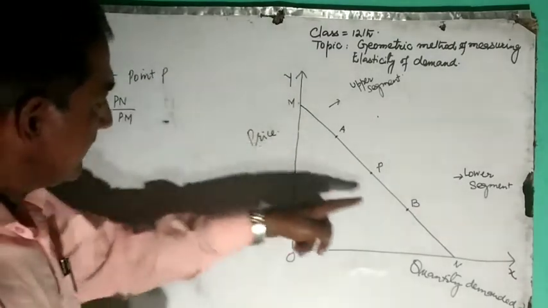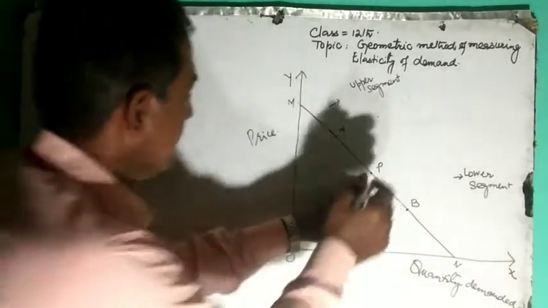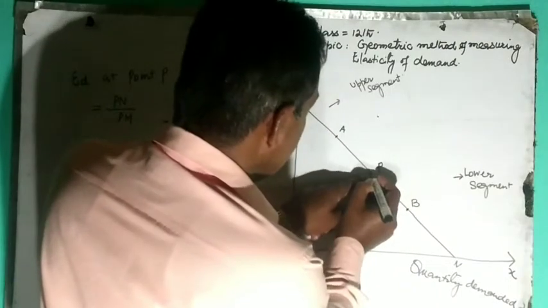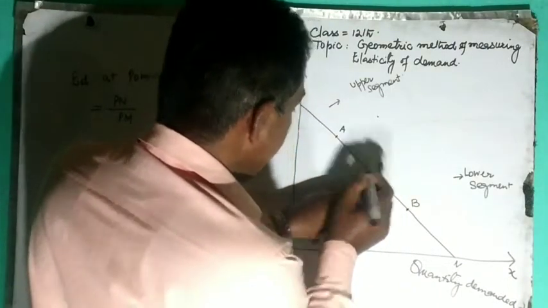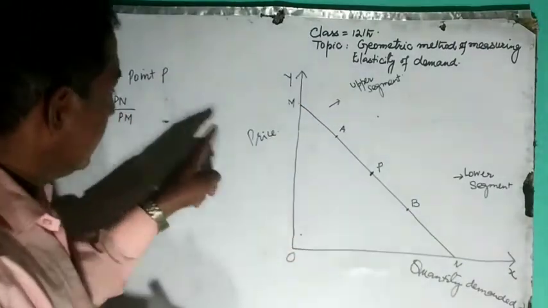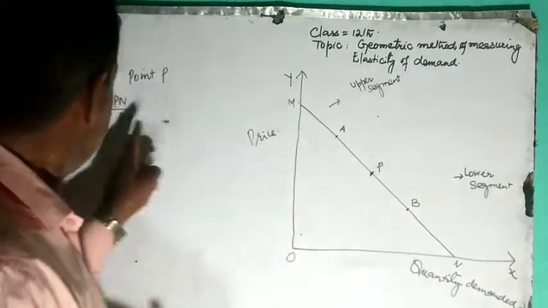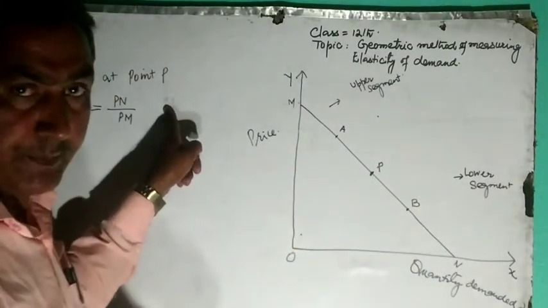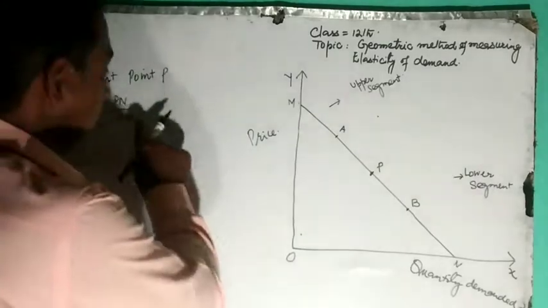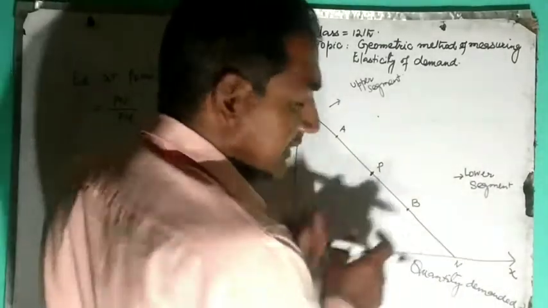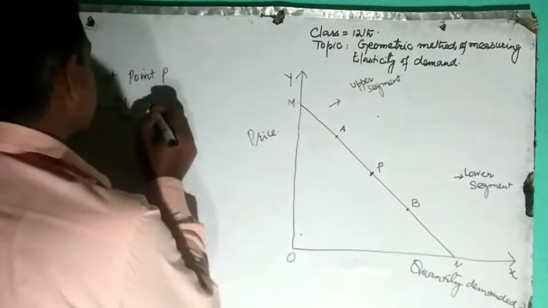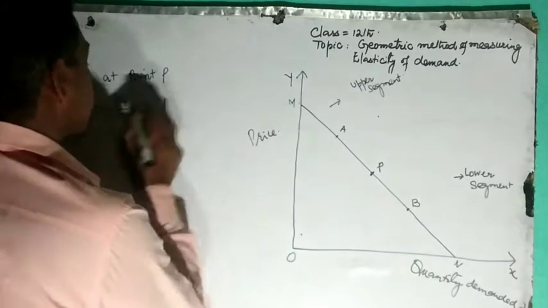The lower segment is Pn, the upper segment is Pm. Therefore, Pn and Pm are exactly equal. Therefore, we say that it is equal to 1.